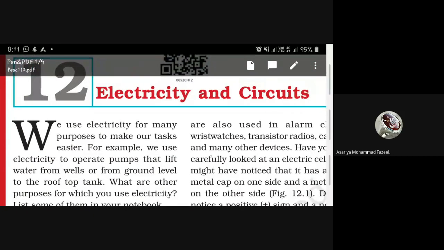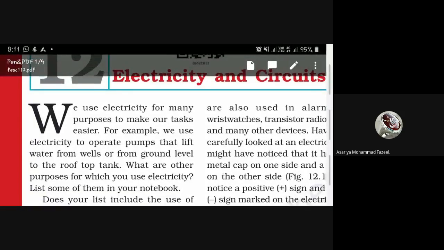Lesson number 12. Electricity and circuits. We use electricity for many purposes. They make our tasks easier.